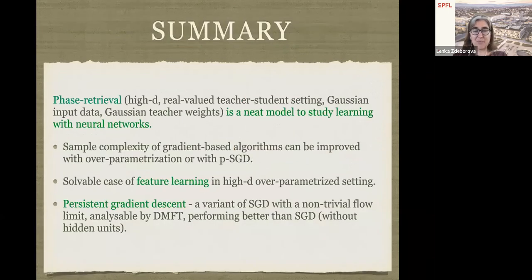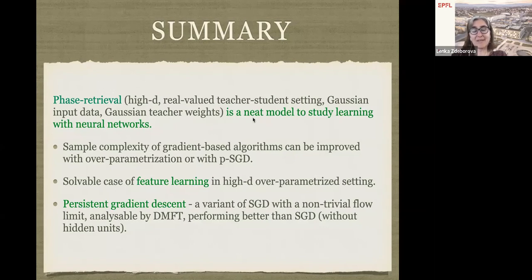And this brings me to the summary about the phase retrieval. So I introduced to you this phase retrieval teacher-student setting that was a high dimensional, real valued, because the phase retrieval will be complex valued usually, here we had everything real valued, teacher-student setting, with Gaussian input data and Gaussian teacher-generated weights.